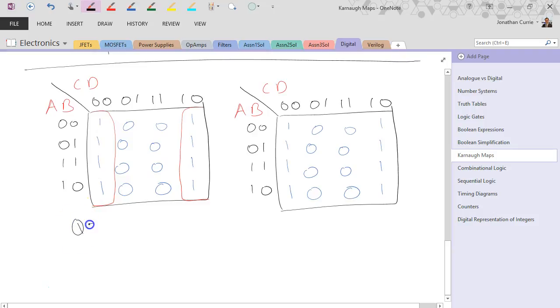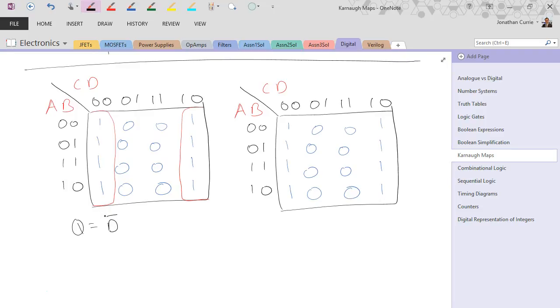C and D must be equal to 0, 0 or 1, 0. So it doesn't matter what C is, D just has to be low in order for the output to go high, and that will give us the same as all those ones.